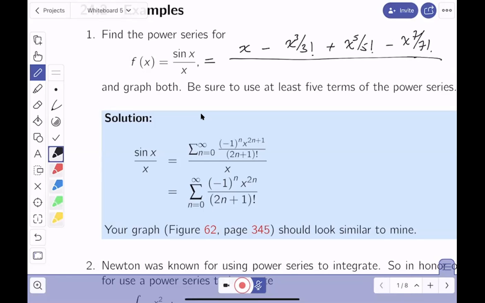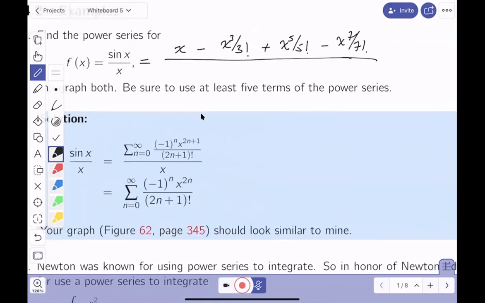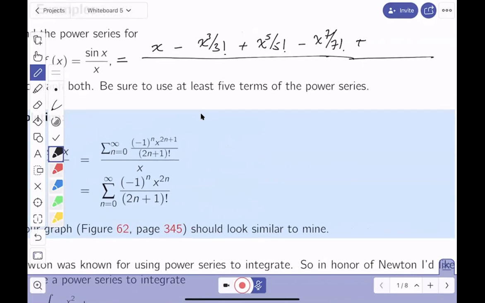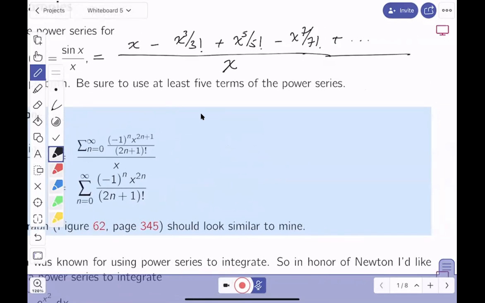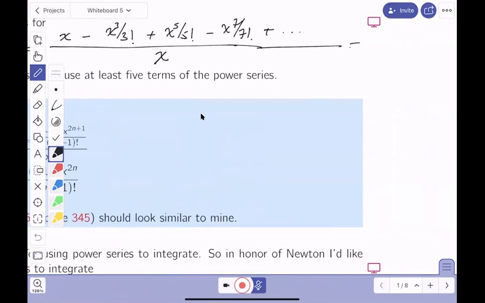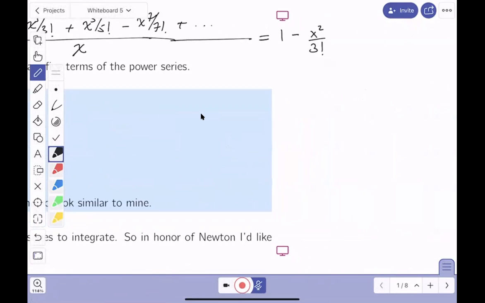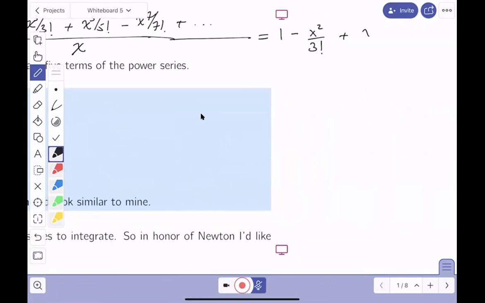Well, I could go on for days with that, but that's not the point. That's going to be plus yada, yada, yada. The series expansion for x is just a simple x. What am I doing? I'm going to divide through now, one term at a time. What do I get? 1 minus x squared over 3 factorial, just dividing term by term, plus x to the 4 over 5 factorial minus x to the 6 over 7 factorial.